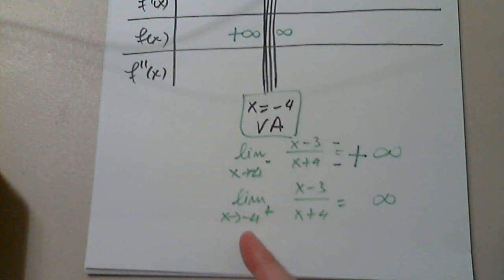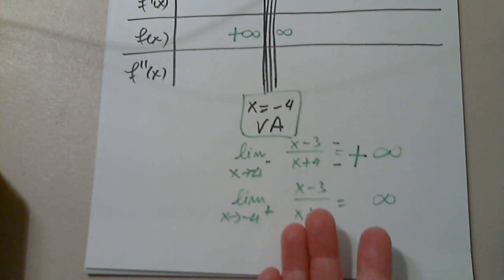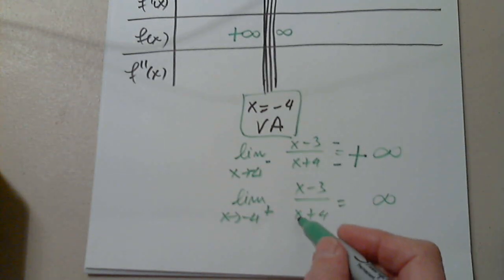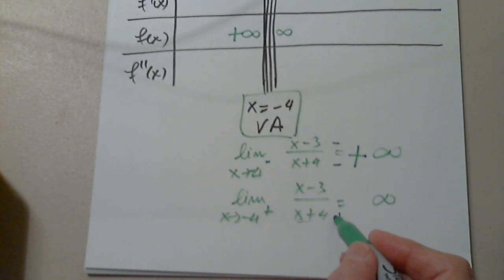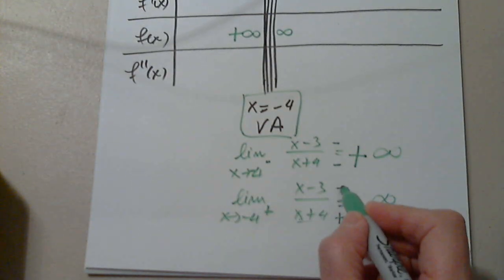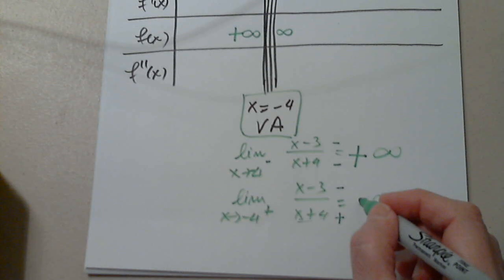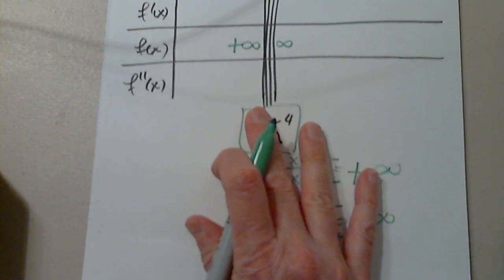Here with -4 from the right is -3.9, but -3.9, this will cover it, so it will be positive, but the numerator still stays negative. What is the sign? Negative. That's it.